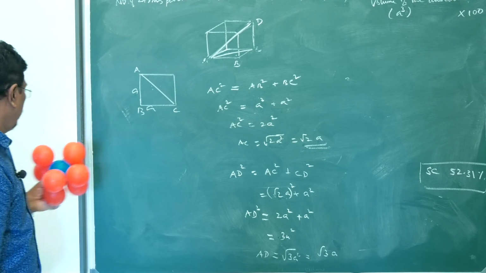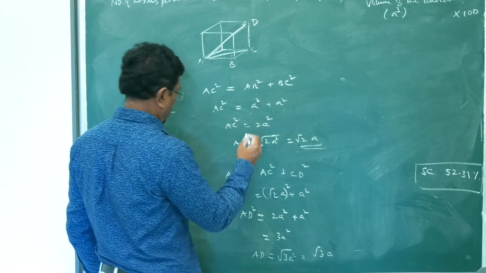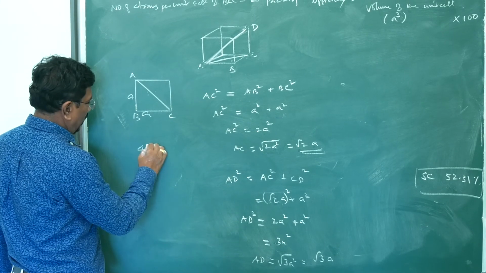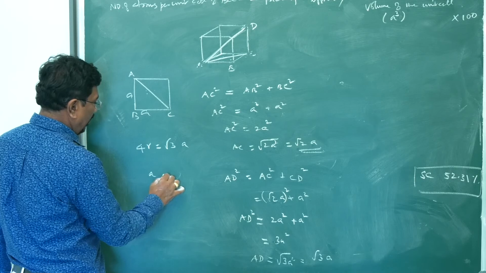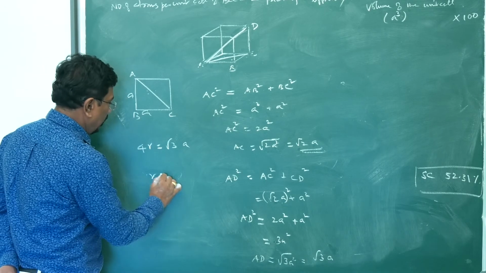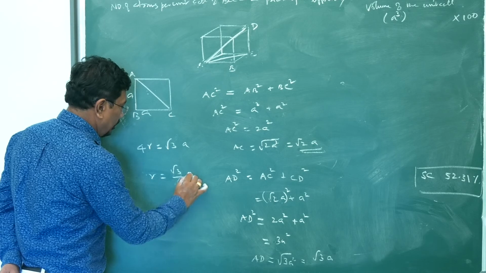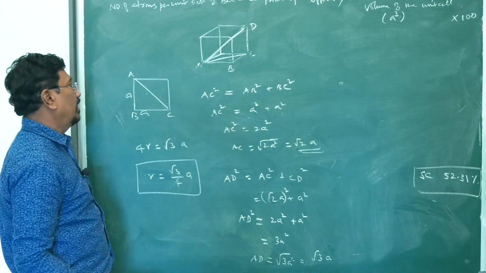Therefore it is 4R. So 4R is equal to root 3A. Therefore R is equal to root 3 by 4 A.